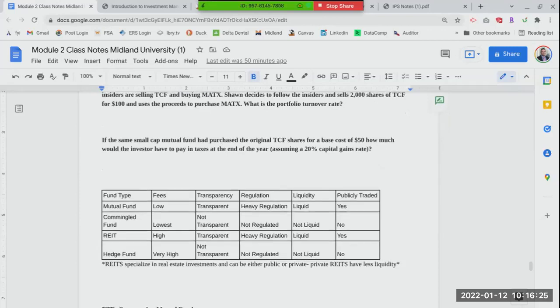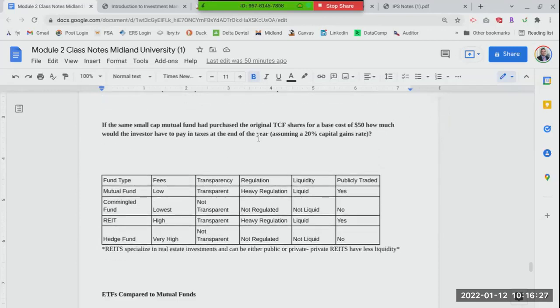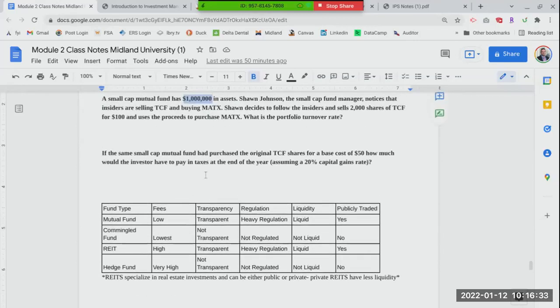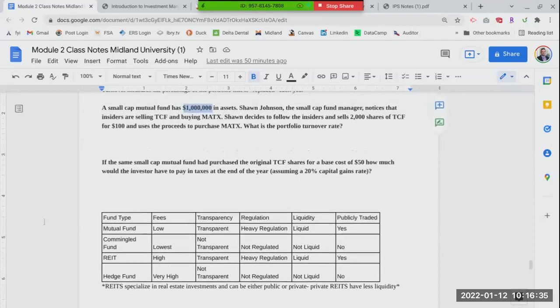The same small cap fund had purchased the original TCF shares for a cost basis of $50. How much would the investor have to pay in taxes at the end of the year, assuming a 20% capital gains rate? Well, for this answer, we sold it for $100. We paid $50. That means capital gains taxes for $50.